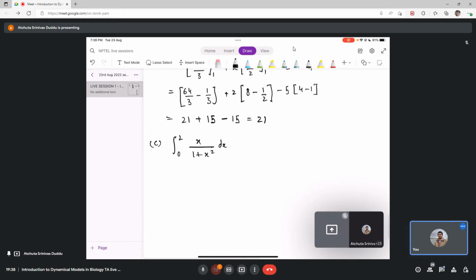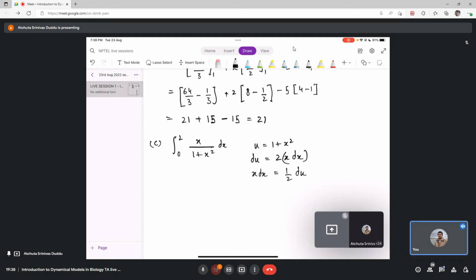We put u equal to 1 plus x square, a new variable. So we have du equal to 2 into x dx. So x dx is something we can write here. x dx would be equal to 1 by 2 du.